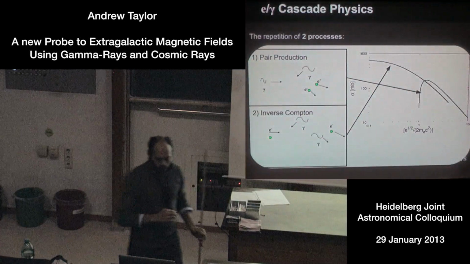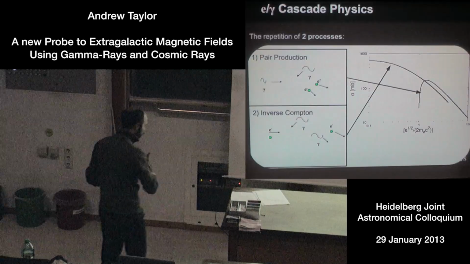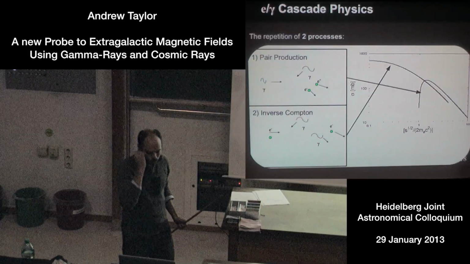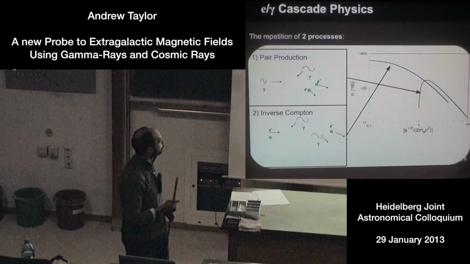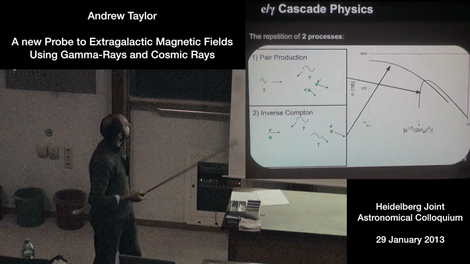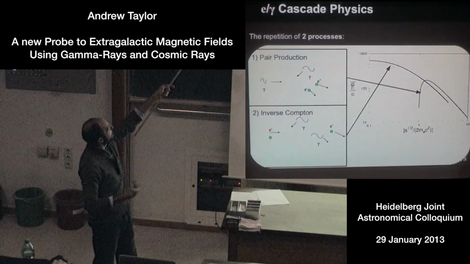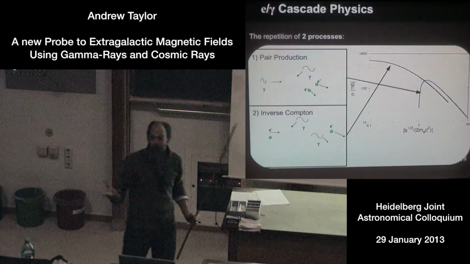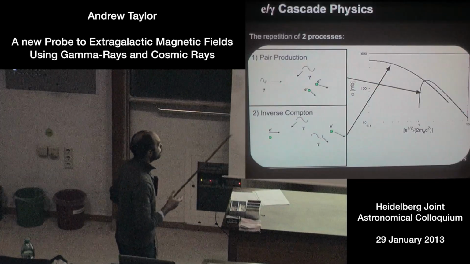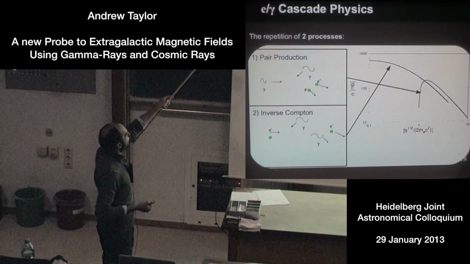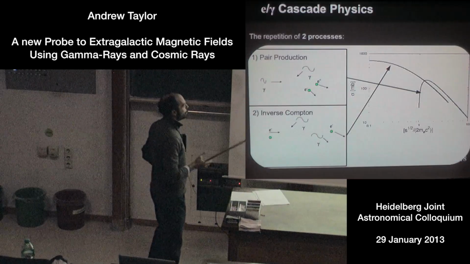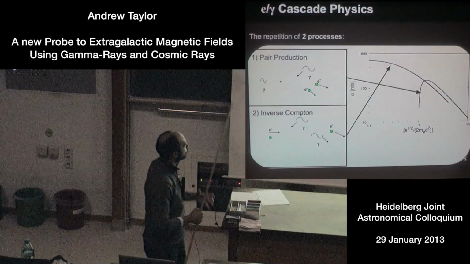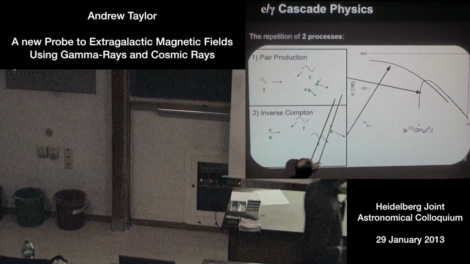Okay, so again, like before for the cosmic rays, if you're going to understand how to do these calculations, you need to go through a little bit of the cascade physics of what's relevant. It's very simple. A cascade is just a repetition for an electromagnetic cascade, as the Cherenkov telescope people would know in the audience. Very simple cascades. You've got pair production and inverse Compton scattering repeating itself. And in terms of the cross-section for these two processes, they're also quite similar.